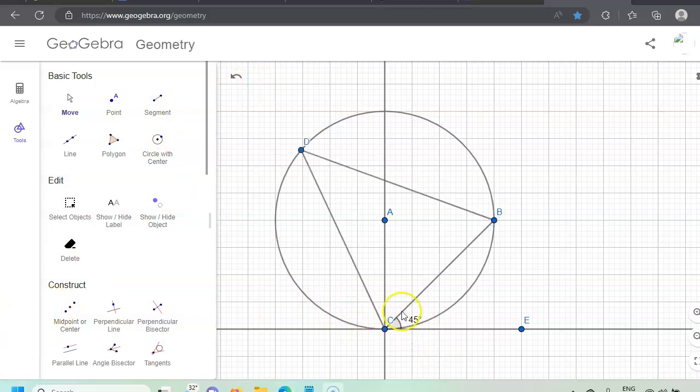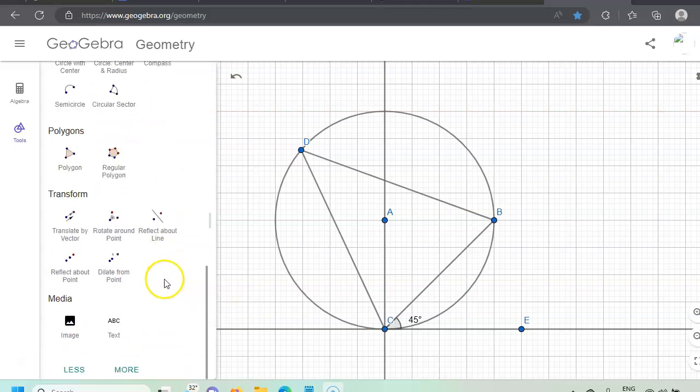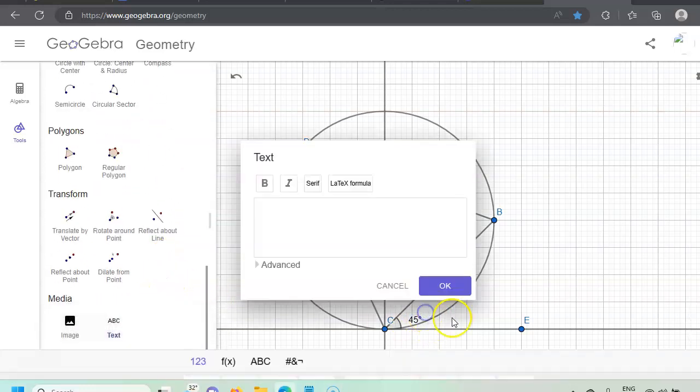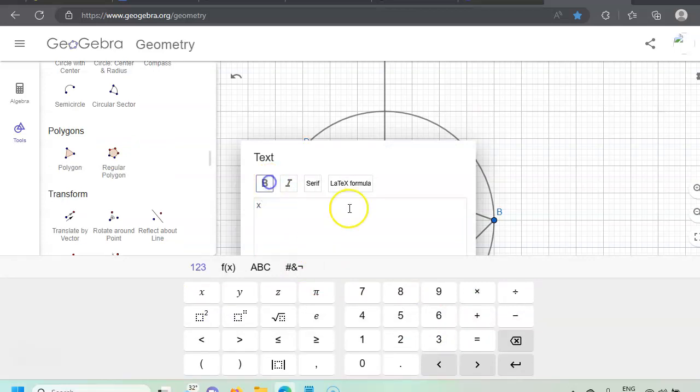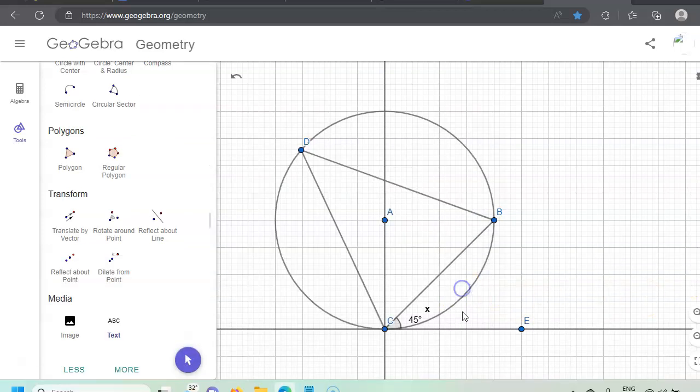We are going to assign a variable to angle BCE because it could be any angle or any measurement of an angle. So we are going to call it angle x.